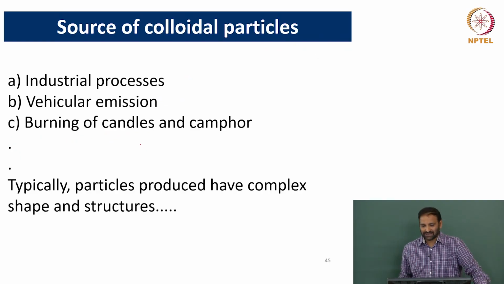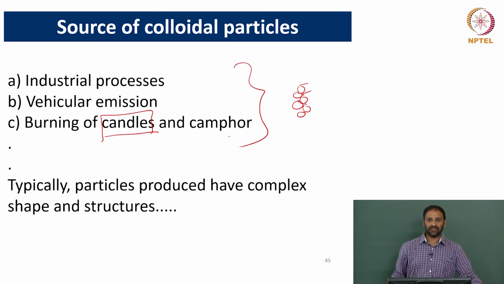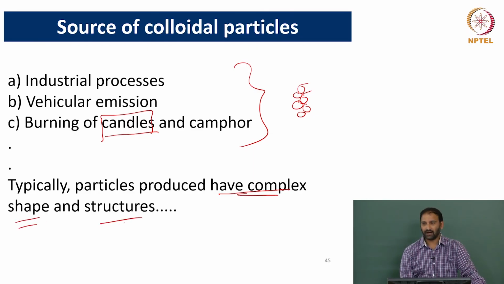However, as I showed, the particles that come when you burn a candle, I had shown a picture, each particle is of course in the colloidal length scale, but they are very complex. The particles that are produced in any of these processes have a very complex shape and structure.